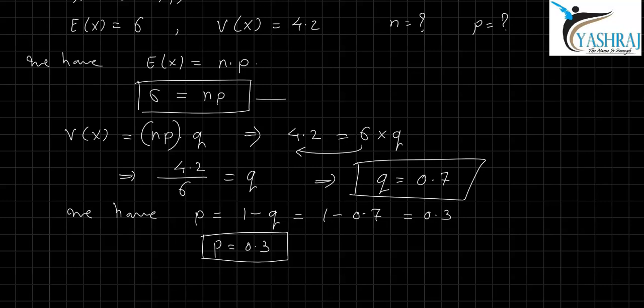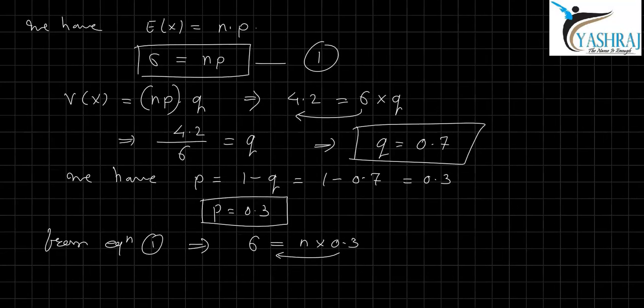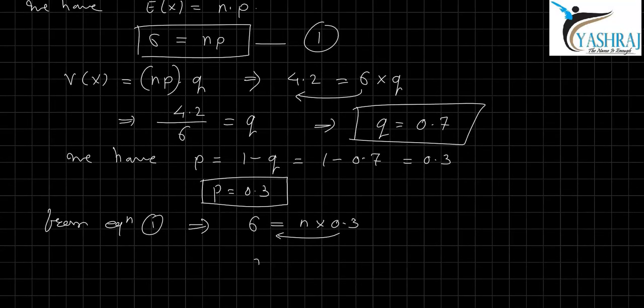So now as per equation number 1, I will write from equation 1, means the expected mean of a random variable capital X, we get the n value after replacing expected mean and p by their value, which we have as 0.3. So as we shift that 0.3 from RHS to LHS, it becomes a divisor to 6.